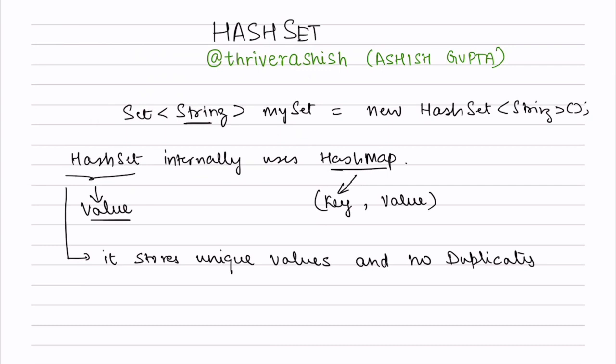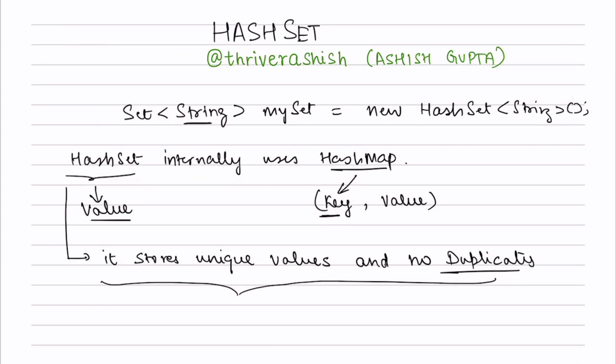Now if you have gone through the HashMap video, you can relate that in HashMap, the keys have this kind of property: only unique keys are allowed, and no duplicate keys are allowed as well.